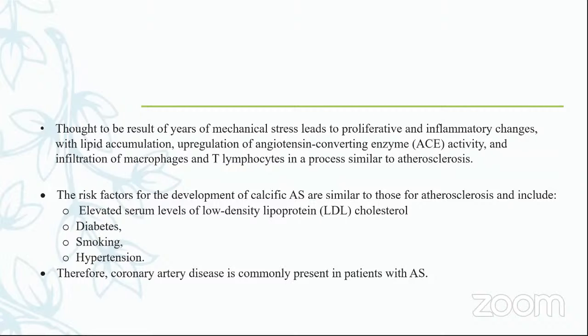What must be present for regurg to occur? Either leaflet perforation, right, or annular dilatation. Okay, or there is a root dilatation phenotype or an ascending aortic dilatation phenotype, and each will have its own method of repair when you're addressing the aortic valve repair.